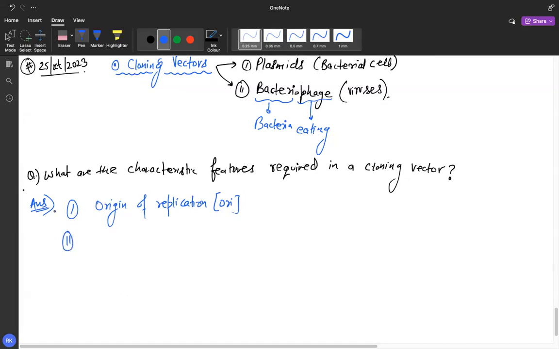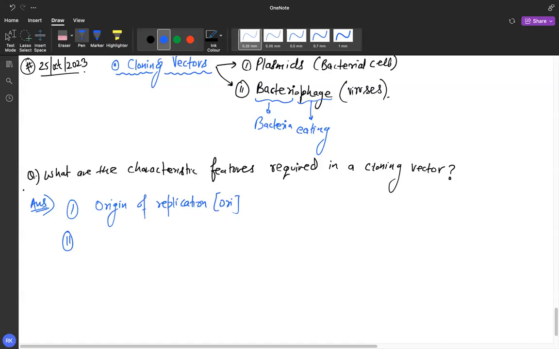So this is the first requirement, very important. What else do we need in a vector apart from this? In the last class, we also talked about how we are going to make sure that our transformation has worked.